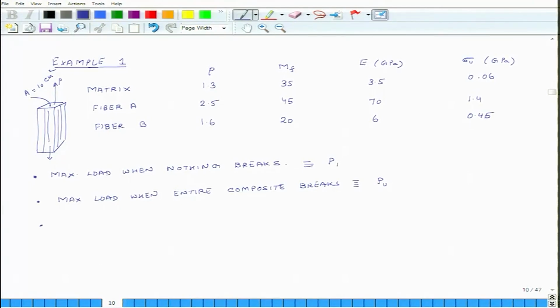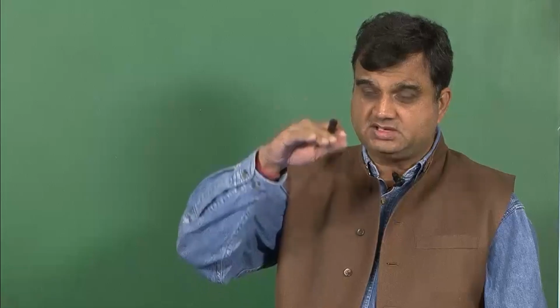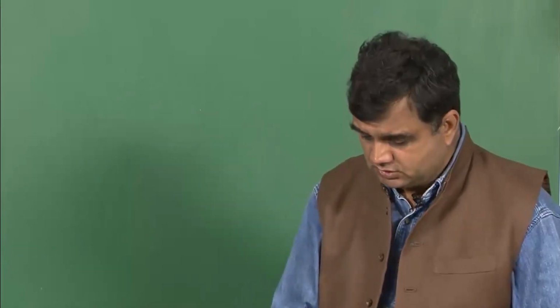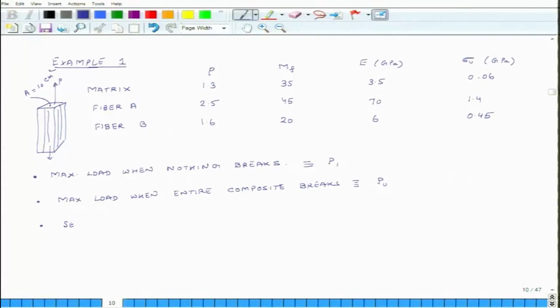And the third thing is, we have to figure out which component fails first, then next, and so on and so forth. So, the sequence of failure. That is another thing we have to figure out.